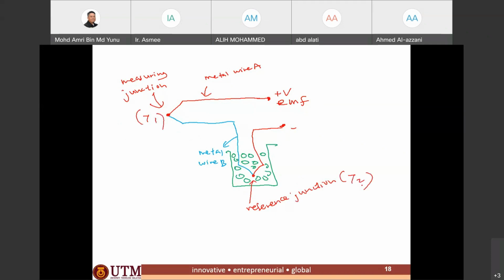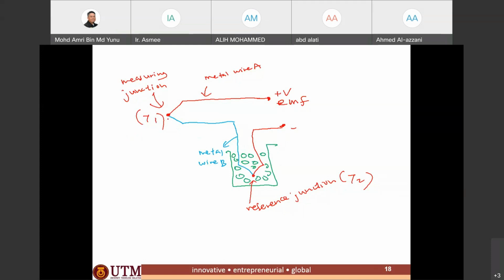So basically, a thermocouple consists of two dissimilar metal wires, connected to make two junctions, like we can see here. One junction is used as the measuring junction, where T1 is the measured temperature.